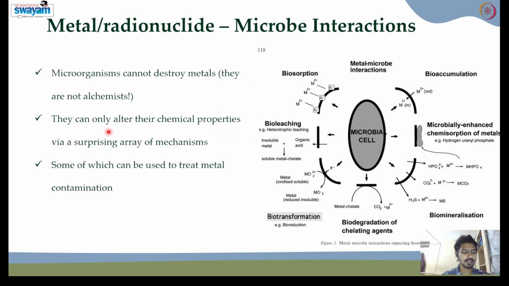So what happens? The first, what can they do? They can alter or change the properties of the heavy metals. That is, they can reduce the metal form by changing its oxidation state. Or otherwise, they can precipitate these metals from soluble to insoluble form. Or they can tightly bind these heavy metals to their surface.